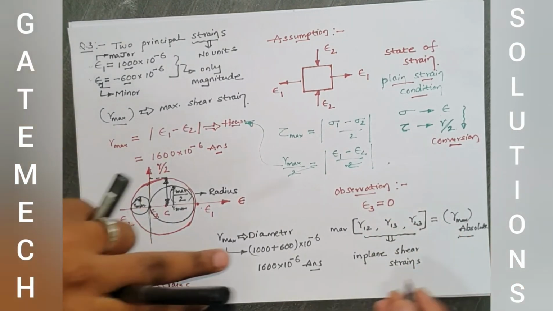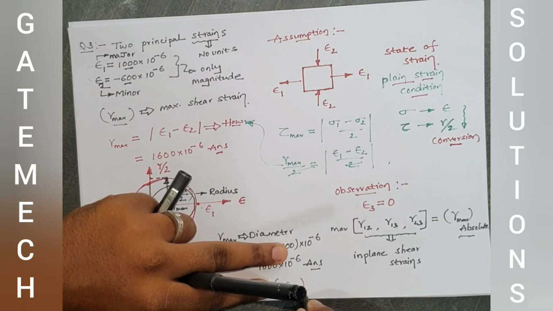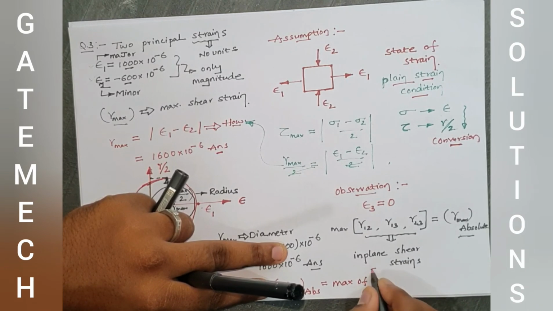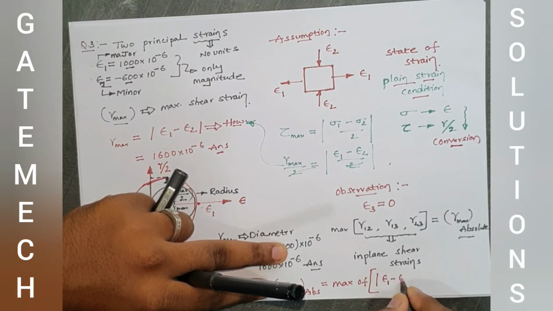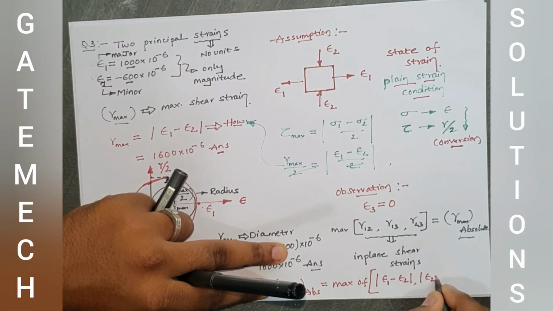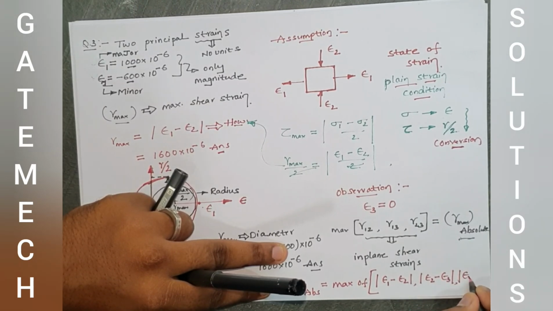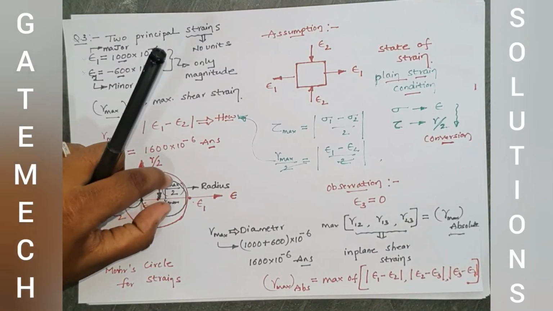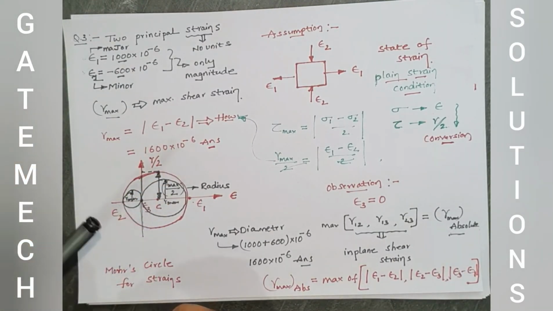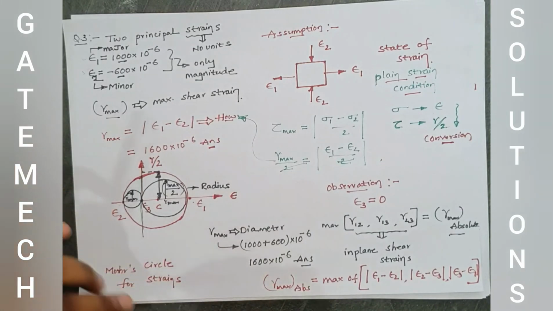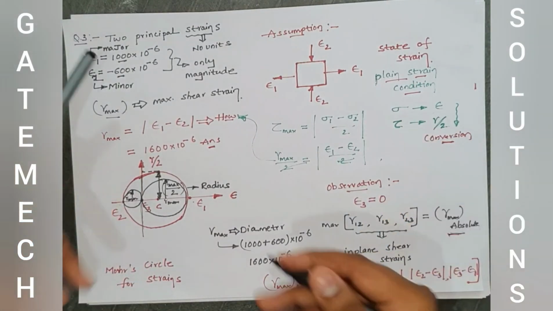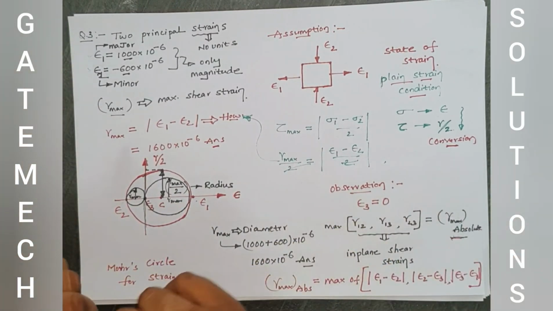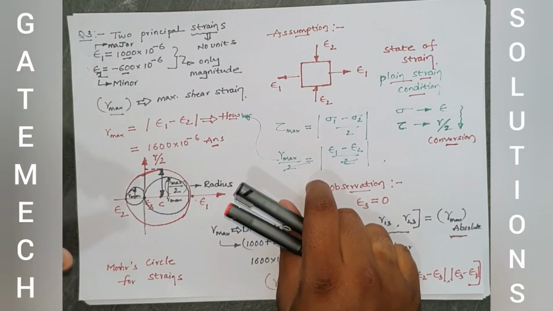So the formula to calculate absolute shear strain is the maximum of epsilon 1 minus epsilon 2, epsilon 2 minus epsilon 3, epsilon 3 minus epsilon 1, the maximum of these three. But here, even though you calculate absolute shear strain or in-plane shear strain, both are exactly equal for this condition, but not for all conditions. So this is the entire information we can discuss for strains, principal strains.